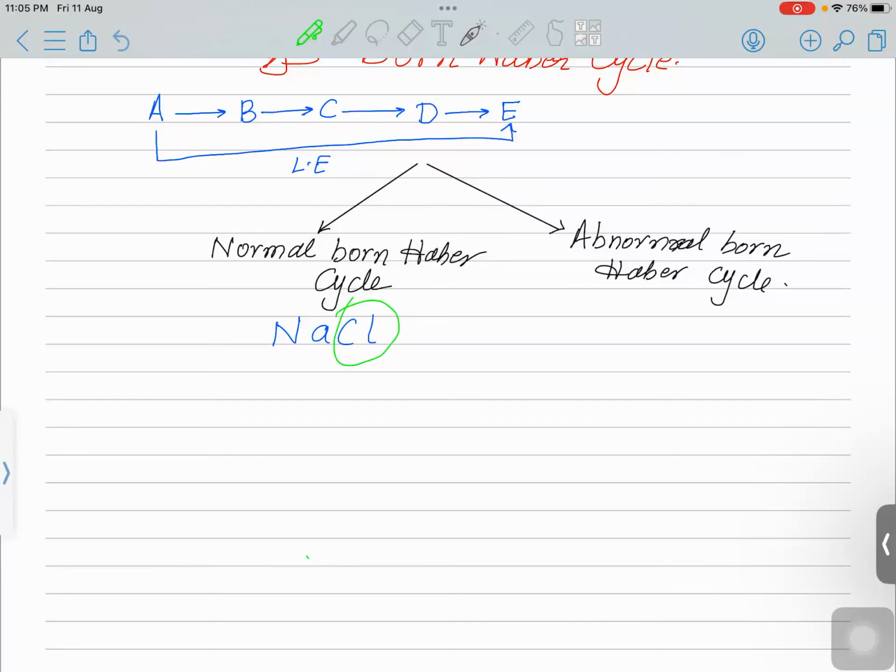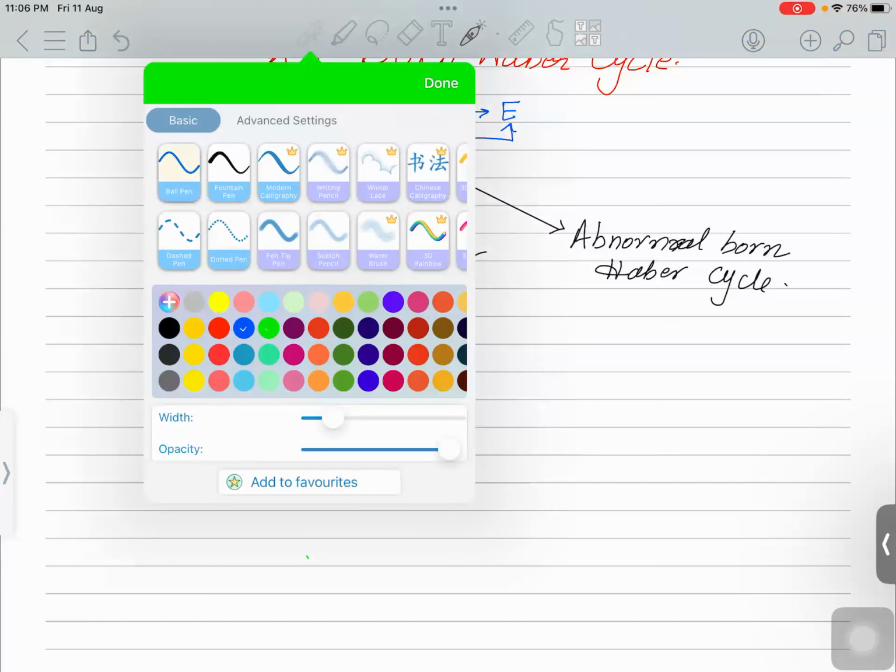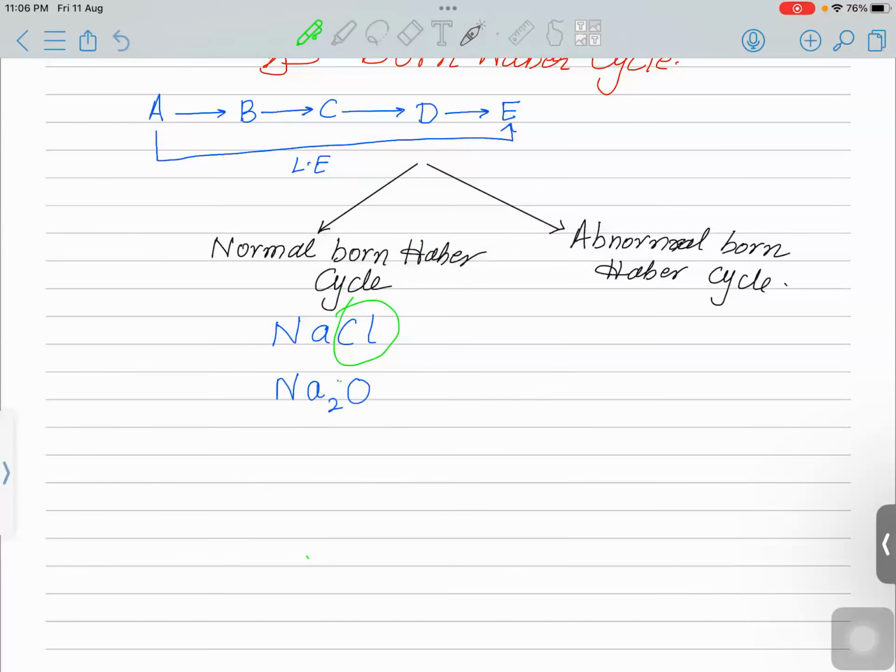One element, correct. So if you have one element in the anion, this is called the normal Born-Haber cycle. Now Na2O. How many elements in the anion? One, sir. So this is also the normal Born-Haber cycle.